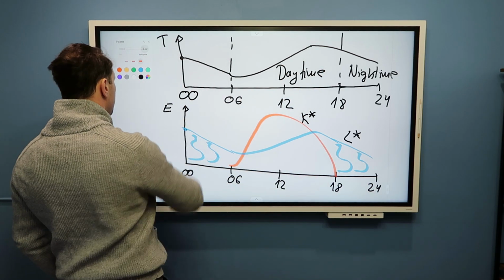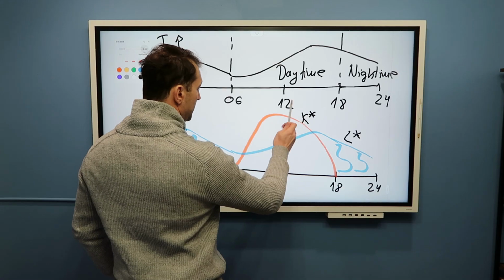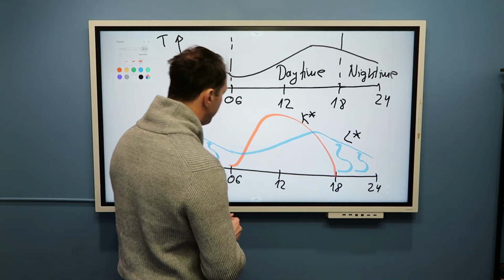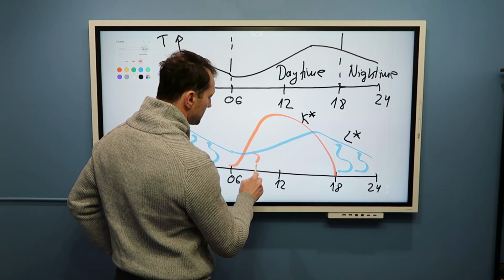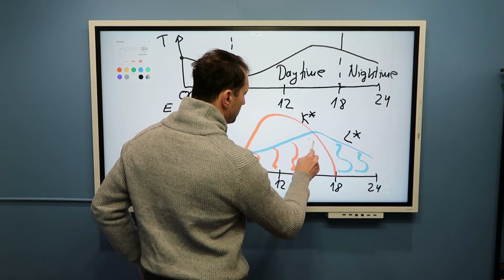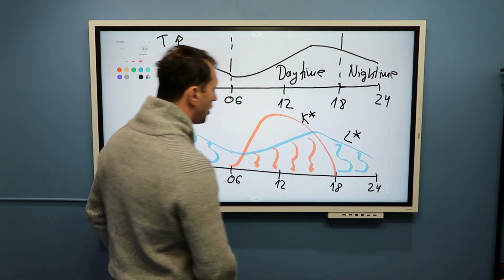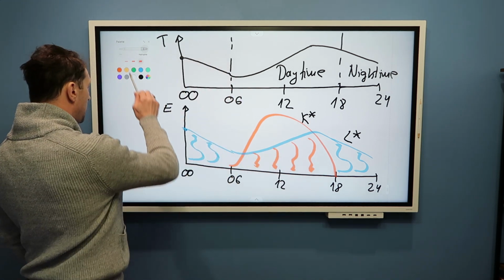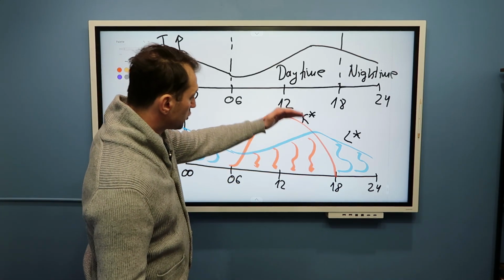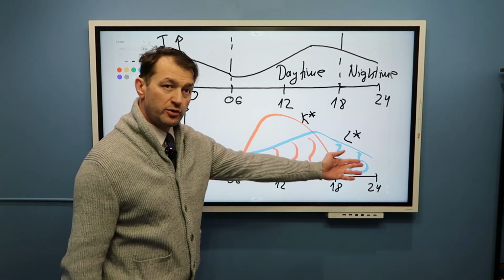Whereas when the red curve is above blue curve, we have surplus of energy at the surface, and the surface has net gain of energy through absorbing shortwave solar radiation. Now, it is very clear, therefore, that K star, solar radiation, is 0 during night.